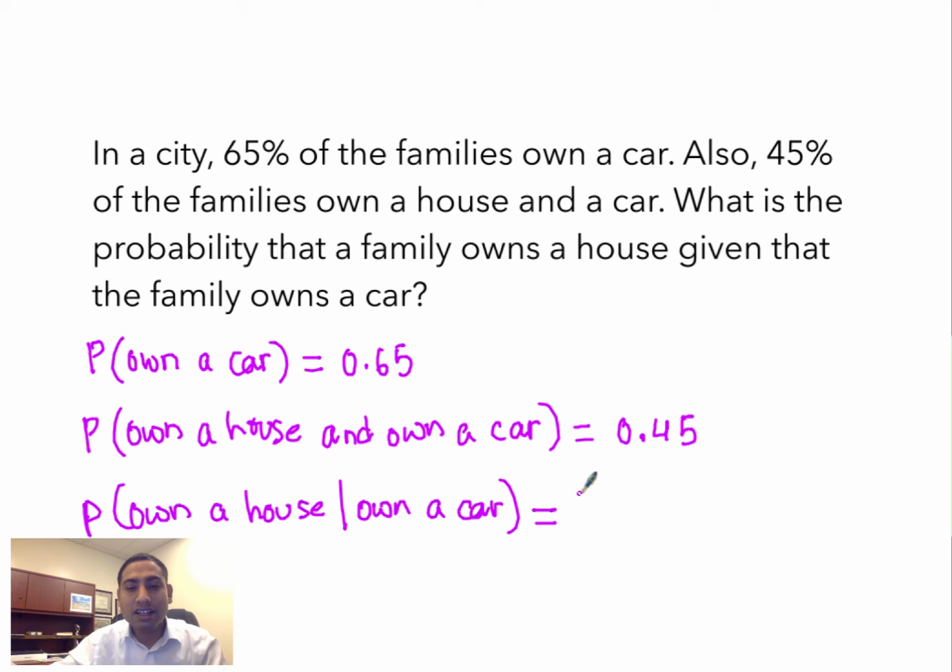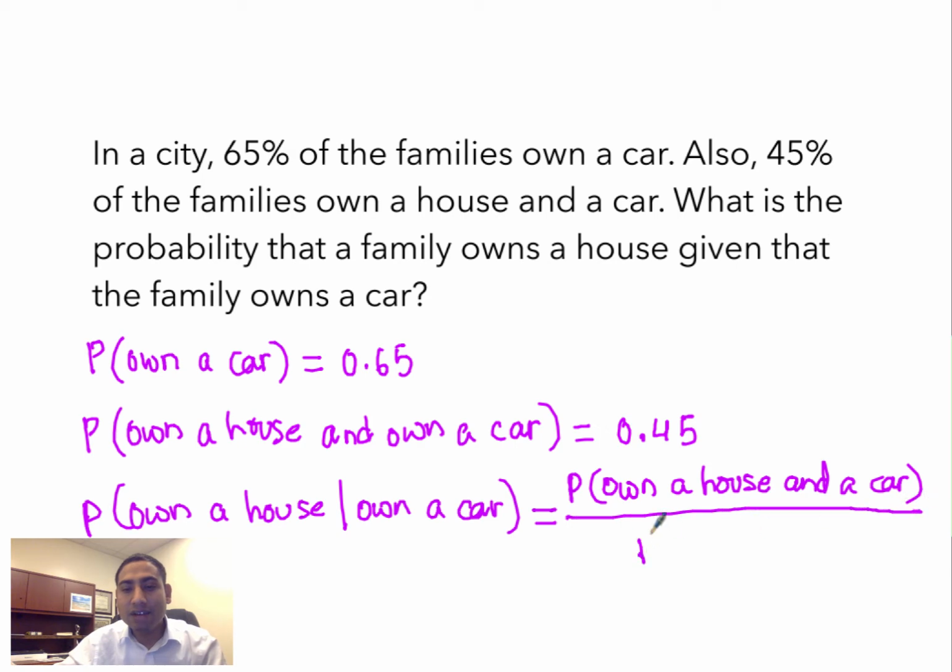And the formula says that this is the same as the probability of owning a house and a car divided by the probability that you own a car.